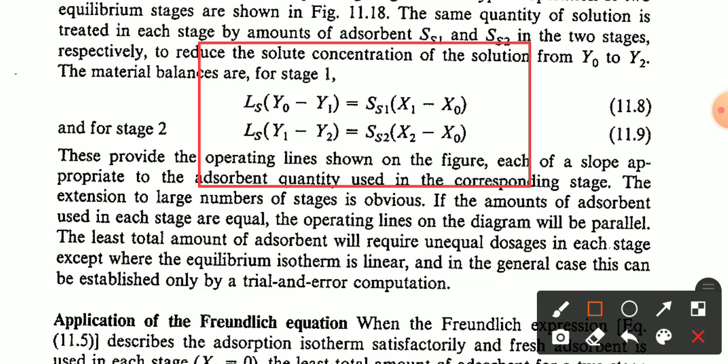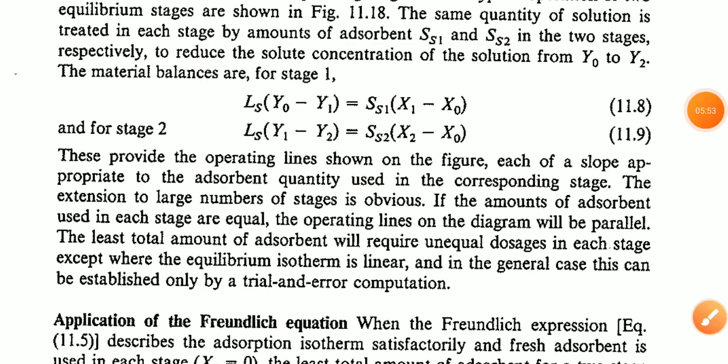Now these equations provide the operating lines shown on the figure, each of slope appropriate to the adsorbent quantity used in the corresponding stage. The extension to a large number of stages is obvious. If the amounts of adsorbent used in each stage are equal, the operating lines on the diagram will be parallel.